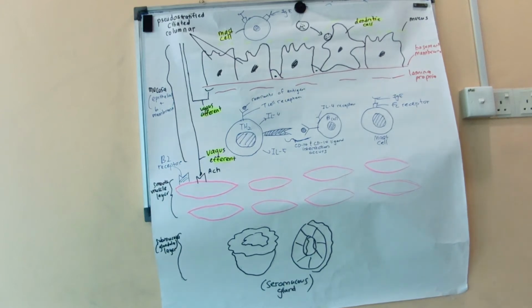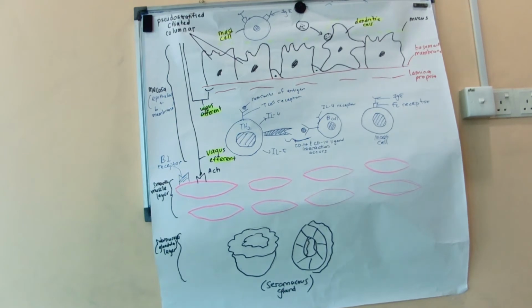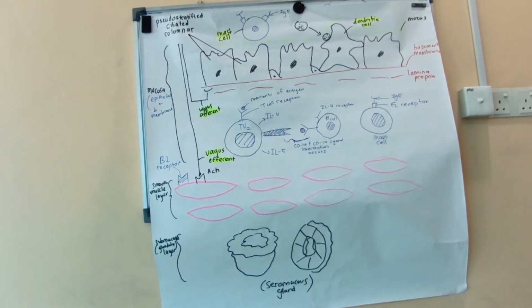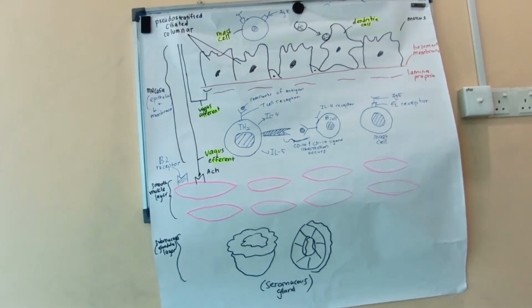Now we are going to discuss the types of asthma. Basically there are two types. The first one is atopic, which is extrinsic, and the second one is non-atopic, which is intrinsic. Atopic basically means there is a predisposition towards hyperreaction to normal allergen.